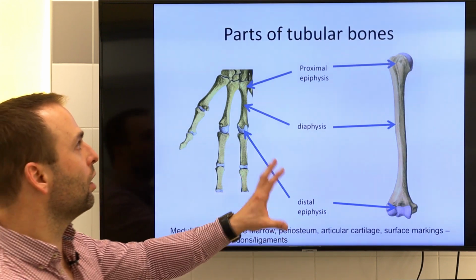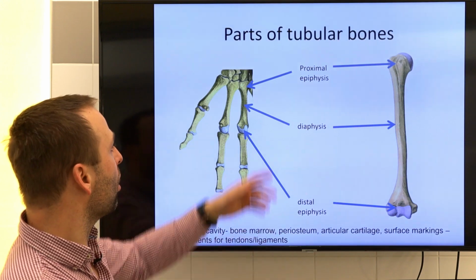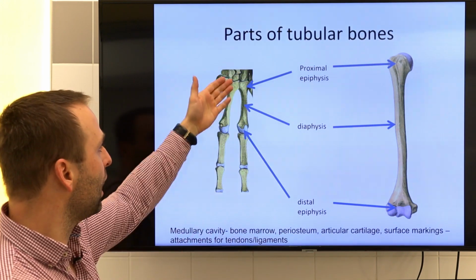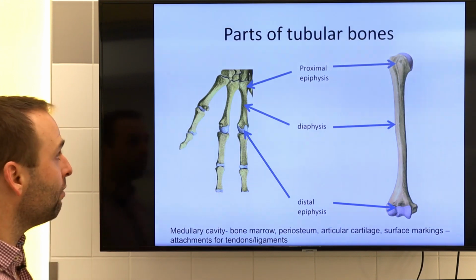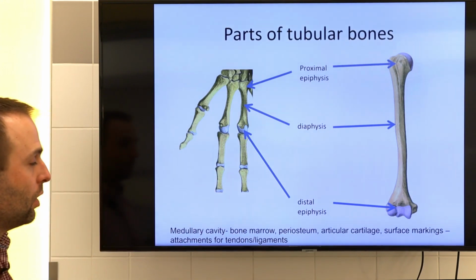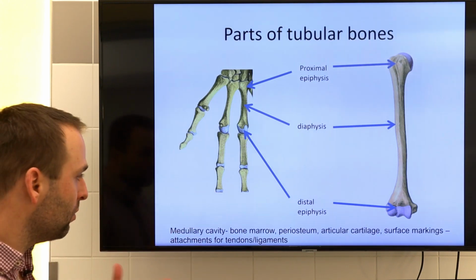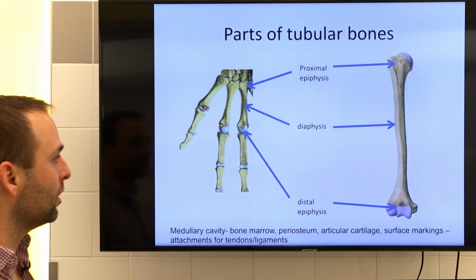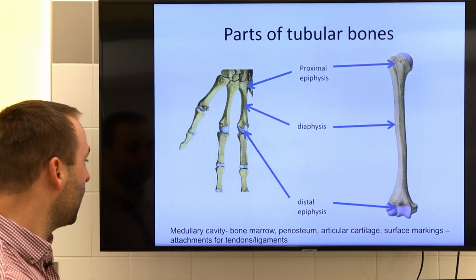So this can be applied to a long bone like the bone of the upper arm, or the bones of the hand like the metacarpal or phalangeal bones. However, in these cases you use specific terms like base, body, and head, but it is actually proximal, distal, epiphysis, and diaphysis in its own right.